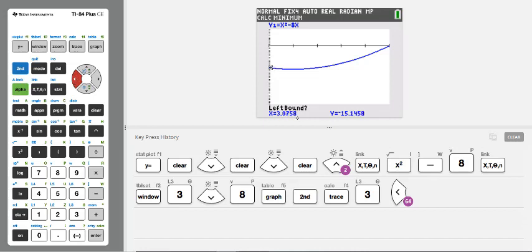I'm at 3.07 on my X, hit enter, and then I can hit a right arrow, which is way over here, and it'll give me my lowest spot. There we go. And it tells me my minimum is at 4 and it's negative 16.